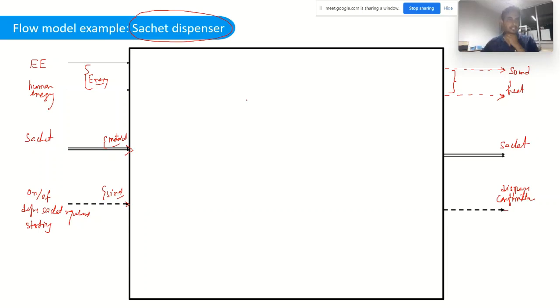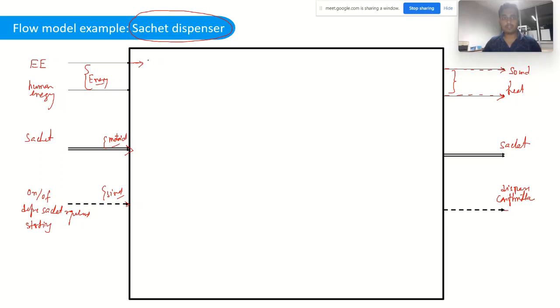So let's see how we can think about breaking the high-level functions and these inputs into functional blocks. This electrical energy is 220 volts, so probably you need to convert it into DC.